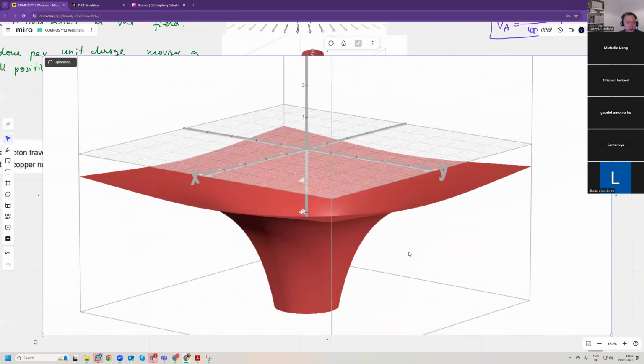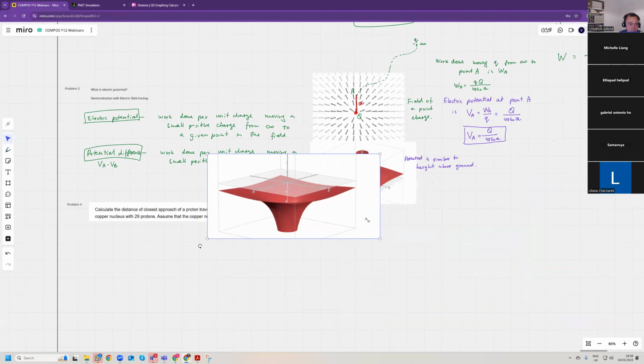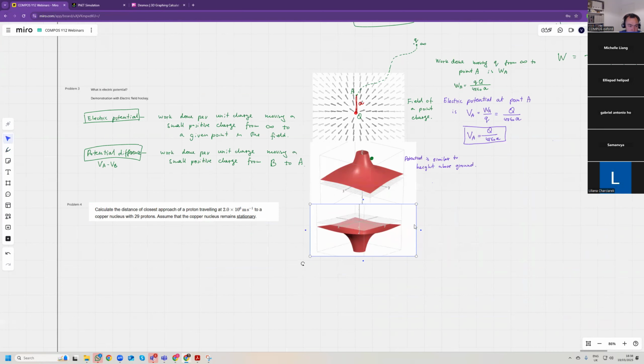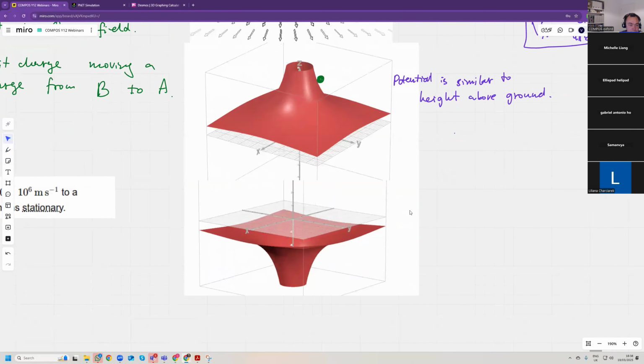This is the field potential around a negative charge. V is equal to minus Q over 4 pi epsilon naught R, where R is the distance from the center.